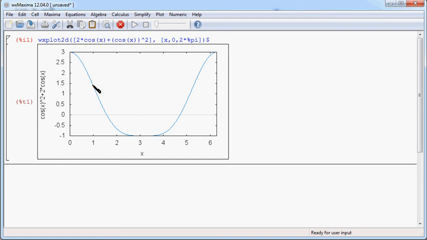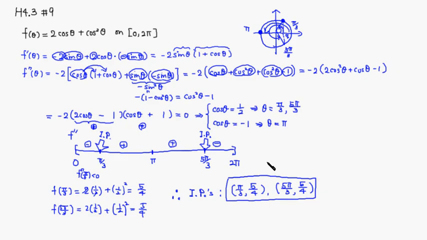And it's 5/4, so it's around there. All right, and same thing, 5 pi over 3 is around here. Right, so it looks like the picture agrees with what we have here. Right, this is it. I hope that this was clear.